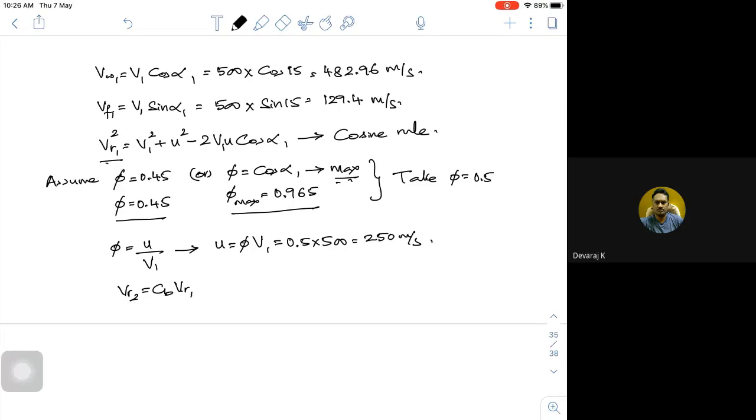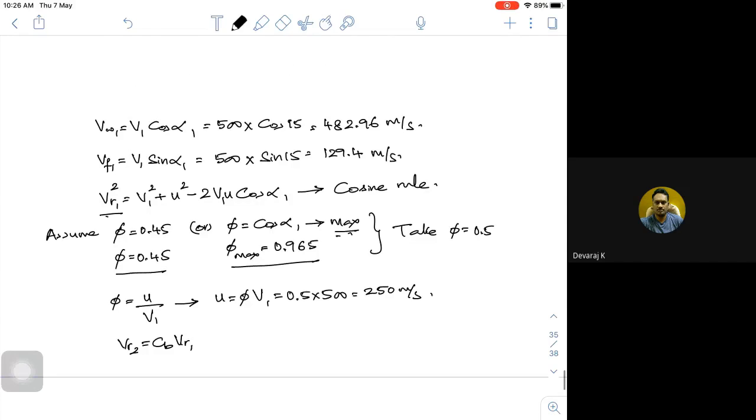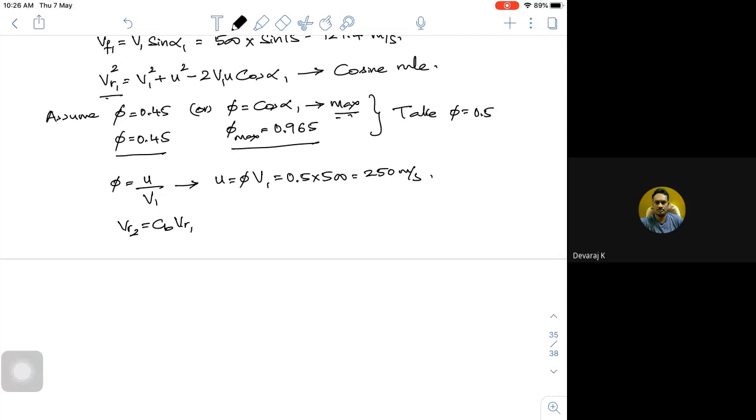So VR1 I can find. If I go with U equal to 250, VR1 square is equal to V1 square, which is 500 square plus 250 square minus 2 into 500 into 250 into cos 15, and take the square root of it.